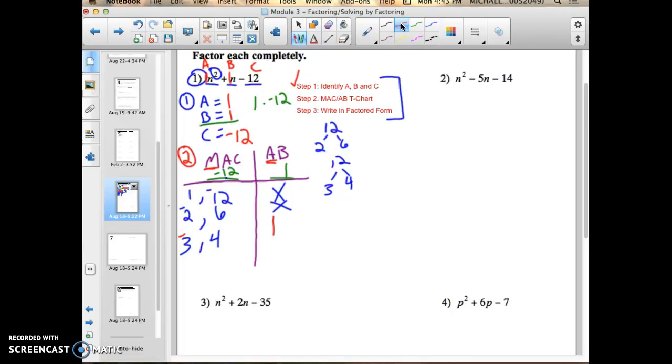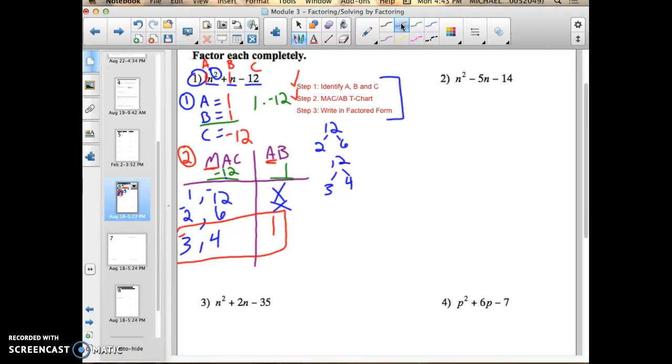If I made the 4 negative, it would still work. Negative 4 times 3 is a negative 12, so it would work for that, but it wouldn't work for the 1 part. Because negative 4 plus a 3 would be a negative 1. So the 3 has to be negative. So at this point, I have found the factors that I need utilizing the T-chart. So I am done with step 2.